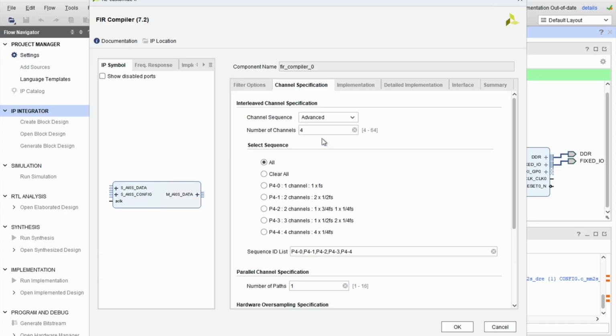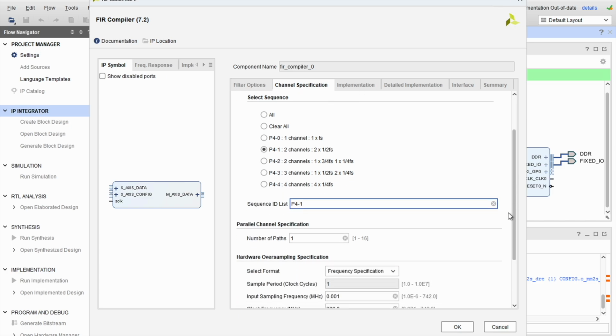As soon as I click advanced, the minimum number of channels goes up to 4, and currently I will be implementing P41 or 2 channels working at half fs, and since I have to implement only P41, my sequence ID list will only contain P41.